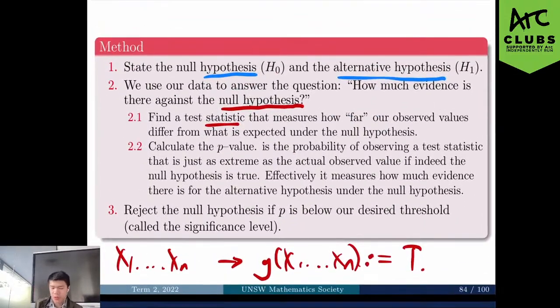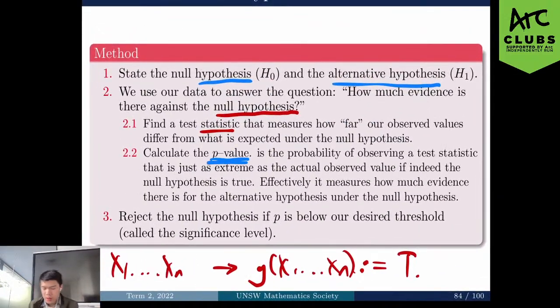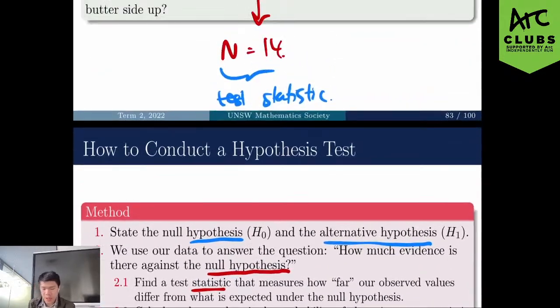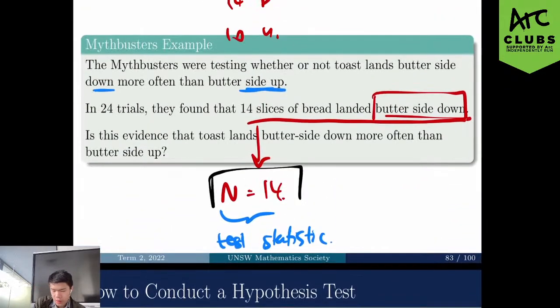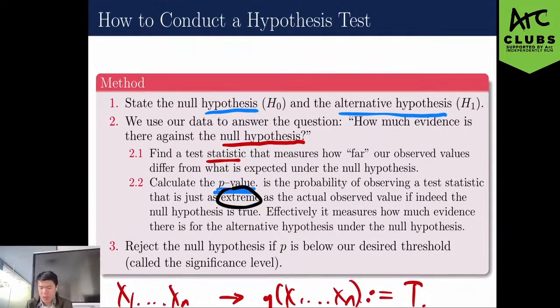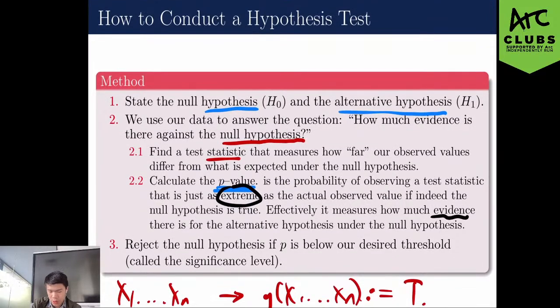And then we calculate what's called the p-value. The p-value is the probability of observing a test statistic that is just as extreme as the observed value. So what does extreme mean? Well, in this case, we got n equals 14. Extreme means something that's just as extreme as this, but we're trying to measure how much evidence we have for the alternative hypothesis under the null hypothesis.